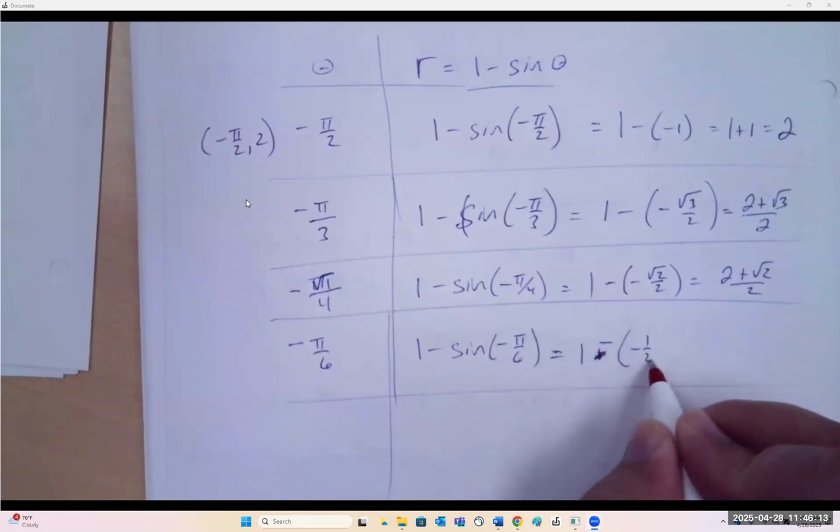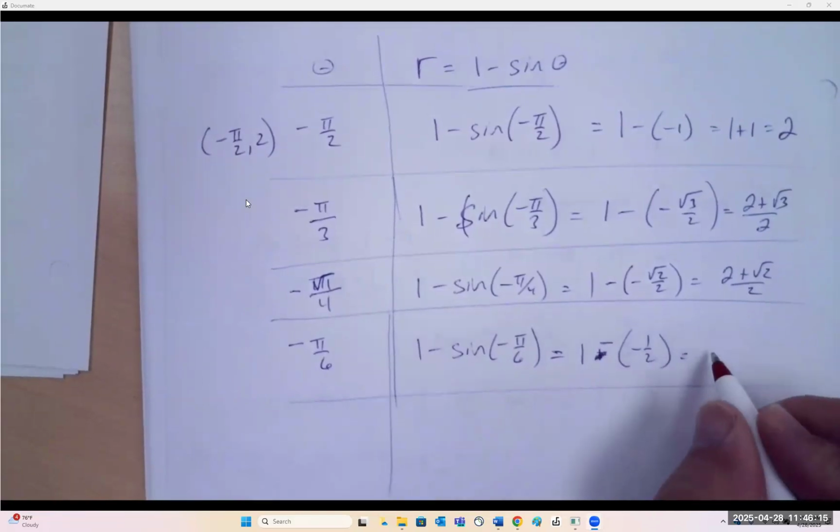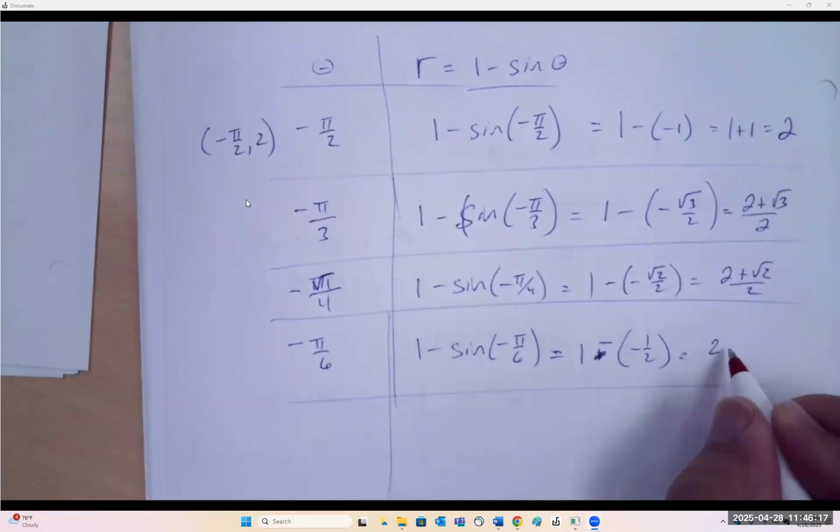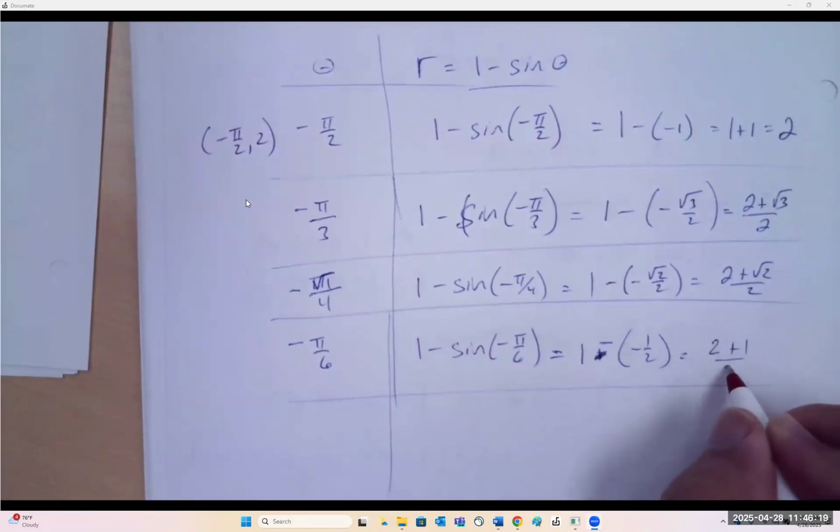At negative pi over 6, so -1/2 makes it 1 plus 1/2.